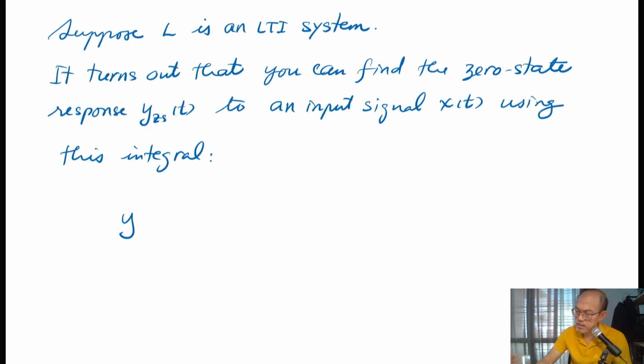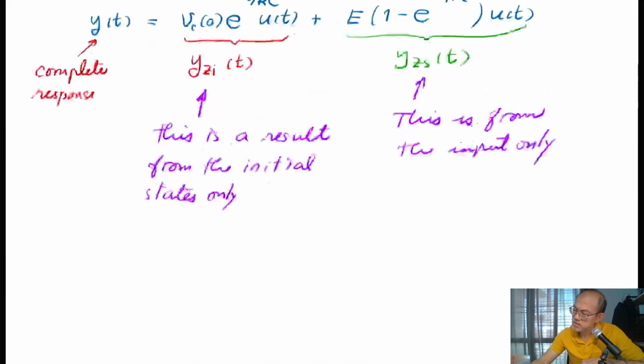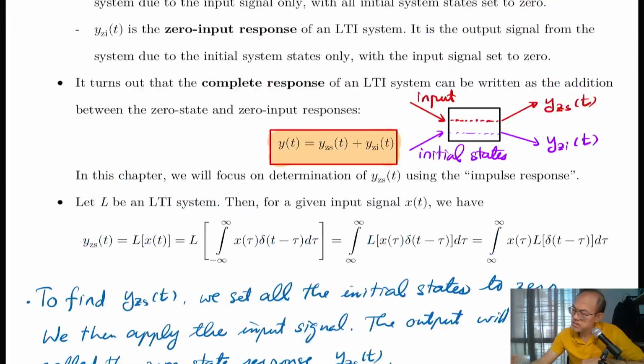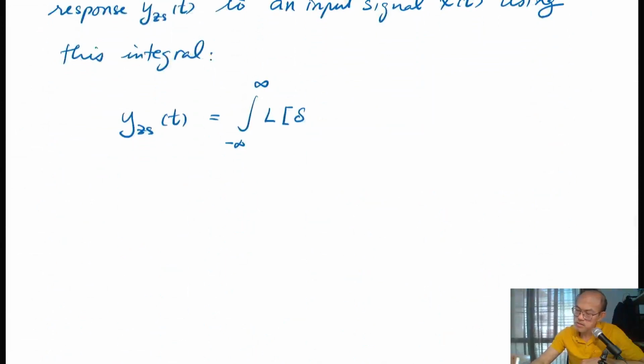Okay, YZS is integrating from minus infinity to infinity, x of tau, L of delta of t minus tau d tau.